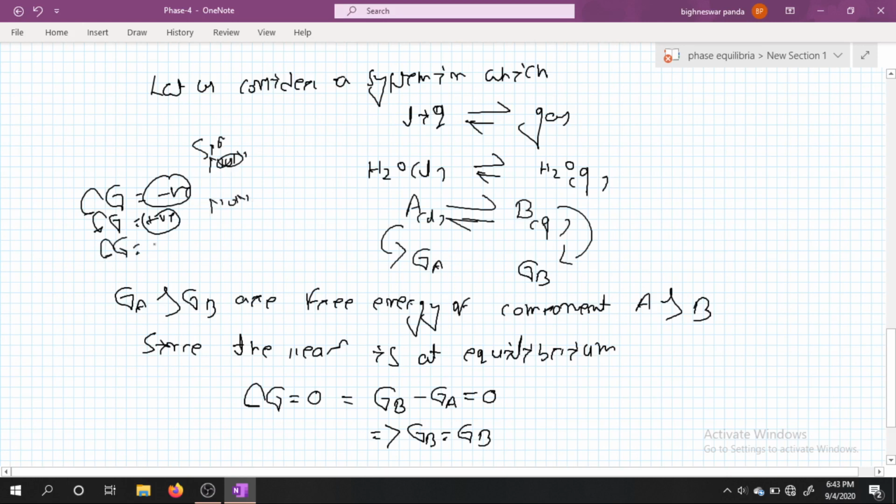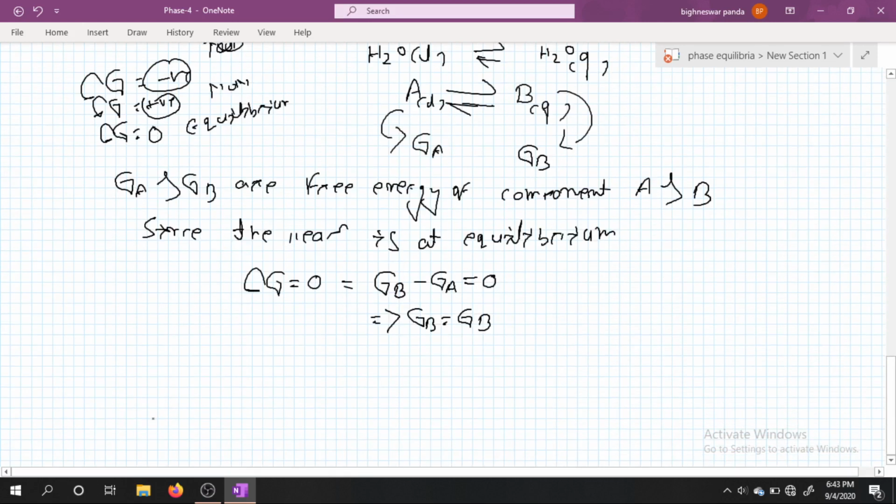If the delta G value is 0, then the reaction is in equilibrium. But already the reaction is in equilibrium, so delta G is 0. Since delta G is equal to 0, I can simply write GB is equal to GA.